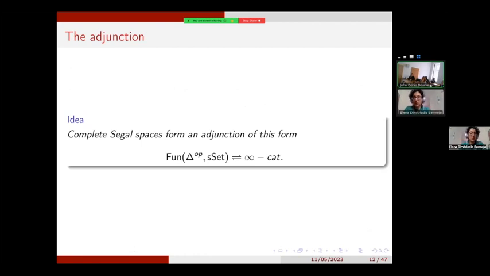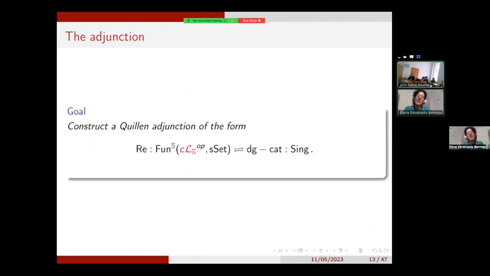And what we're going to do is exchange that delta for this thing. So instead of having functors from delta up to simplicial sets, we have simplicial functors from this to simplicial sets.